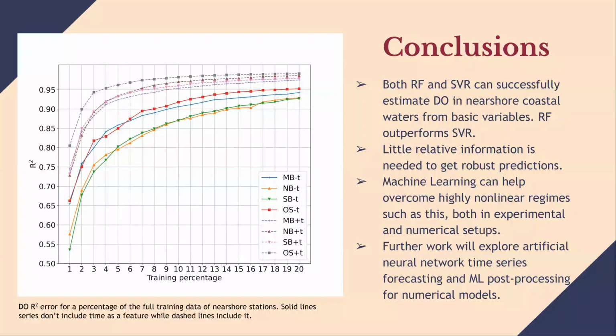Also, we found that we need relatively little information to get very robust predictions, as we see here. And we basically conclude that machine learning can actually help overcome highly nonlinear regimes, such as the one that we're studying here, both in experimental and numerical setups.